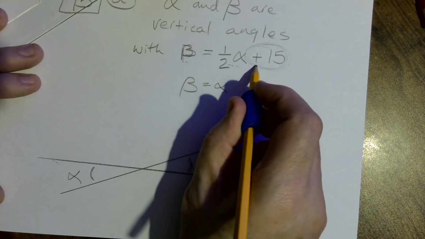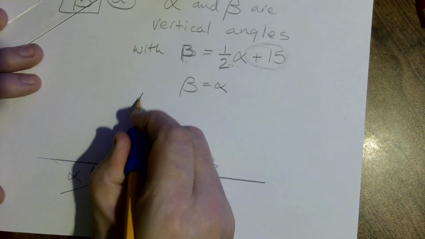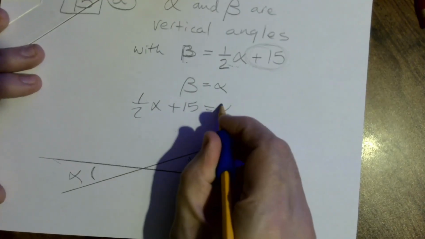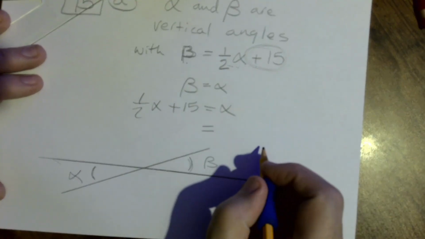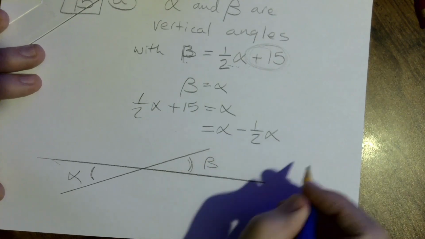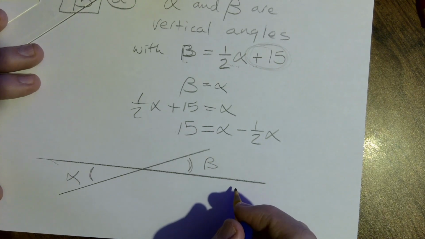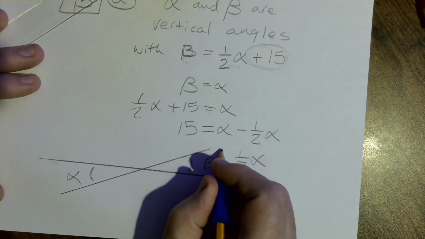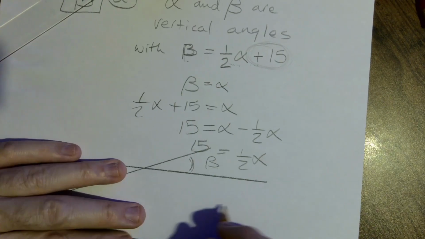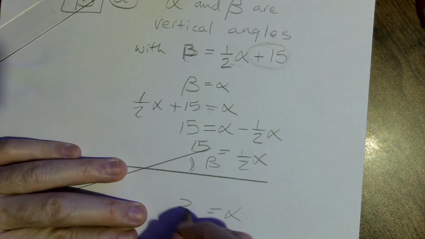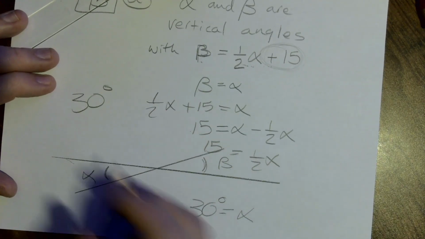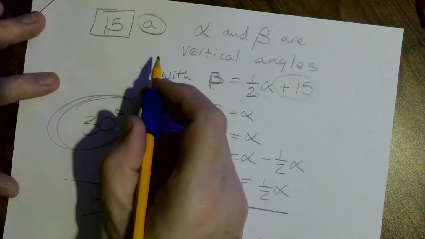Beta is also this, so we can say 1/2 alpha plus 15 is equal to alpha. Alpha minus 1/2 alpha equals 15. 1/2 of alpha is 15. So alpha must be 30. 30 degrees. That's the answer to 15A.